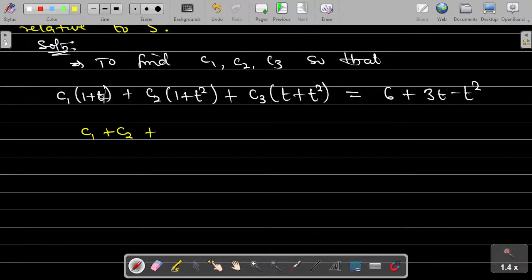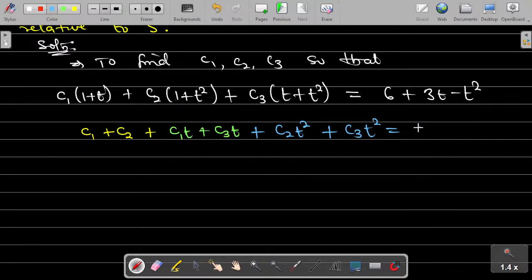Then the ones that carry t: c1 t plus c3 t. Then the ones that carry t squared: c2 t squared, and c3 t squared.